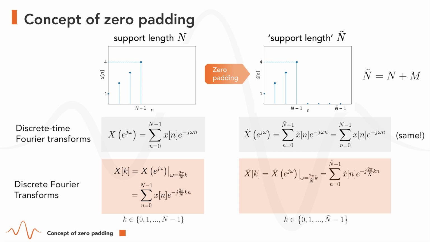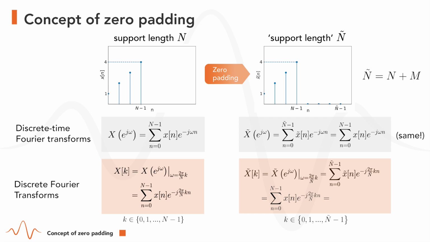If we write it out, we get the summation from n equals 0 until capital N tilde minus 1 of x tilde times e to the power minus j 2 pi over capital N tilde k times n. Now again, if we use the fact that x tilde is 0 from capital N minus 1 until capital N tilde minus 1, we can change the upper limit to capital N minus 1, and if we use the fact that x tilde is equal to x from n equals 0 until n equals capital N minus 1, we get this expression.